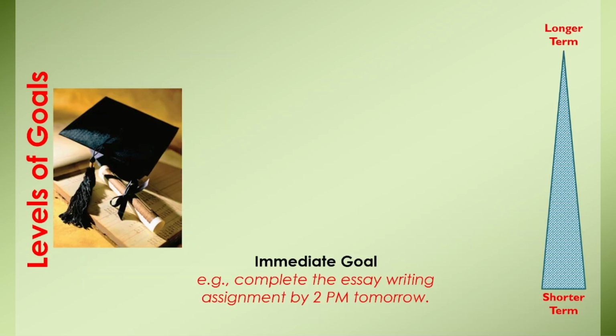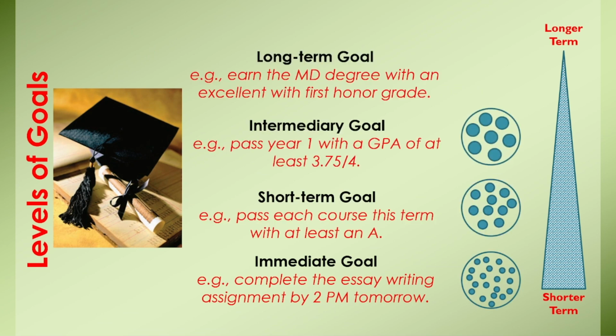Again, we said the levels, and these are examples for the goals. We said that when you are going from the shorter term to the long term, the number of goals decreases. It's logical. For the long-term goals, you have only 2 or 3 goals maximum.